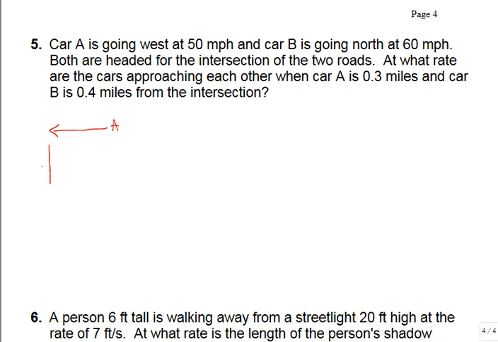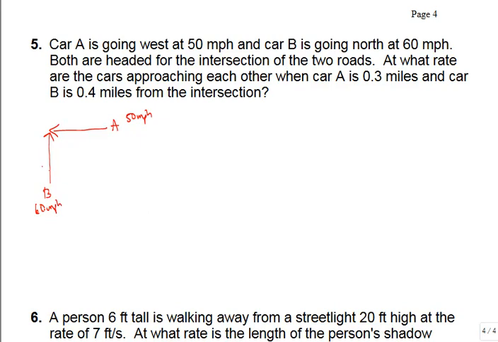So I'm going to want my two arrows to meet at the intersection where they're headed, and B is going north, so it would be going up towards that intersection. Car A is going 50 miles per hour. Car B is going 60 miles per hour.